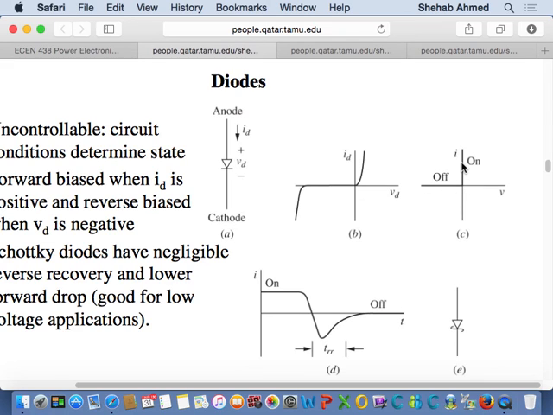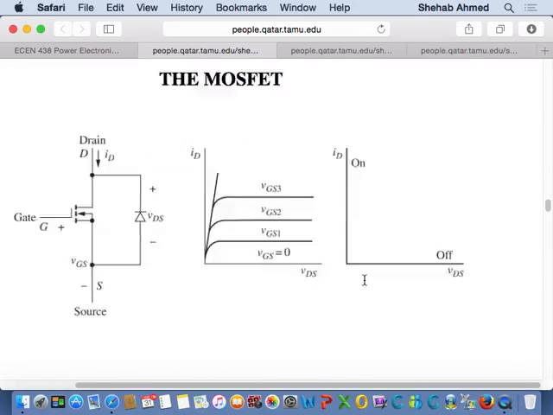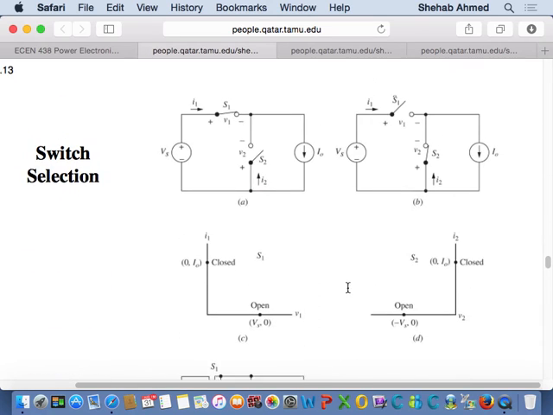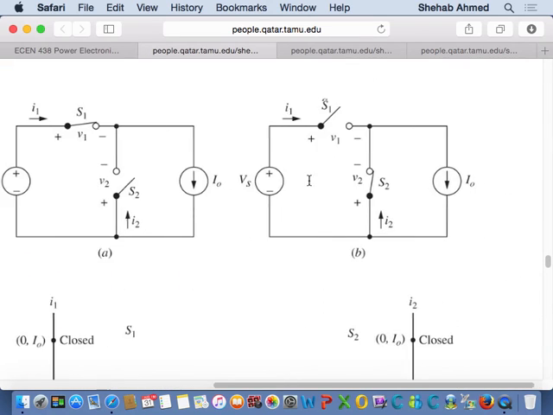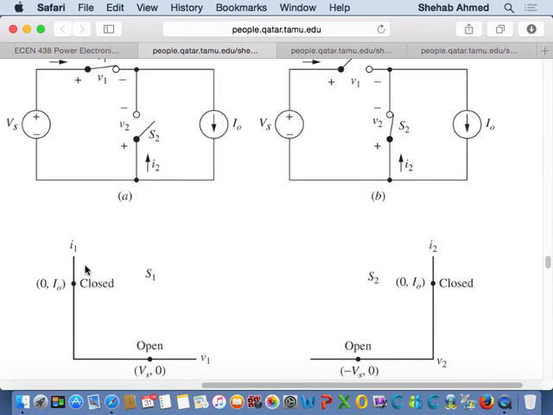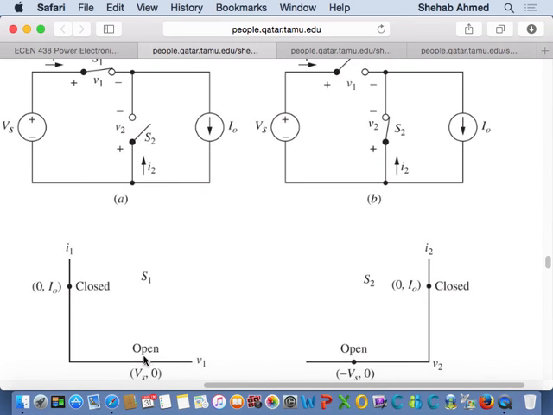So a diode cannot be put in place of the S1, but I can put a MOSFET because of the switching characteristics of the MOSFET that we talked about. This is the characteristic that I would like: I want to conduct positive current and block positive voltage when it's off.